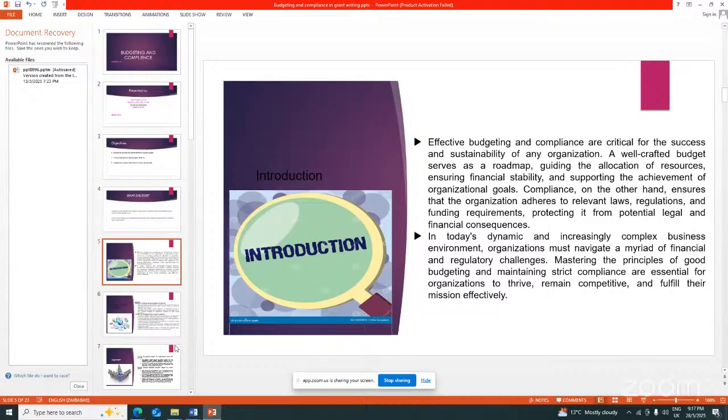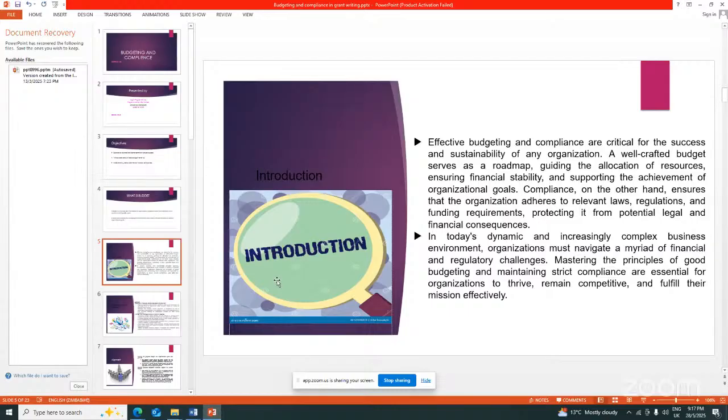Let me get directly into the presentation of today by way of introduction. So effective budgeting and compliance are very critical for the sustainability of the organization as well as the project being funded or the grant that we are writing to solicit finances.